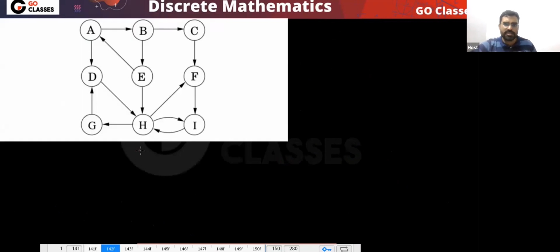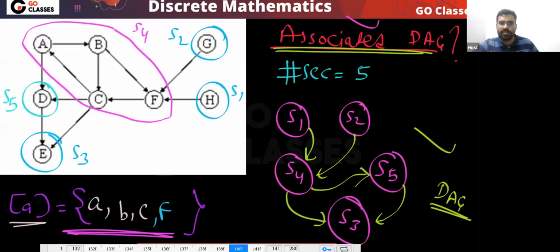Okay, let's see this question. This is a university exam question. Sandeep is saying, sir, one edge in the DAG need not be actually one edge in the actual graph. Which edge are you talking about? S4 to S5. There is an edge from S4 to S5, right? Look at this edge in the actual graph.